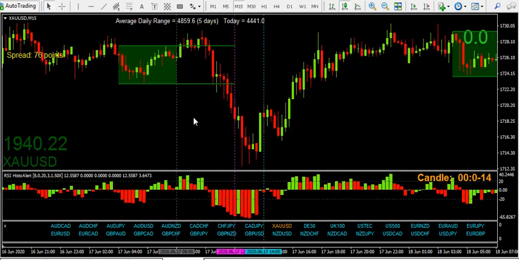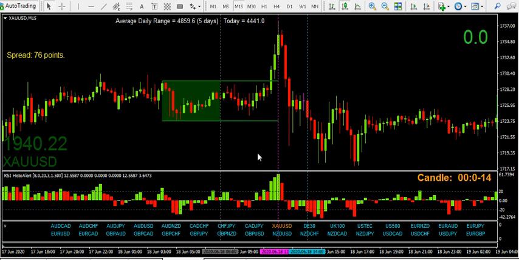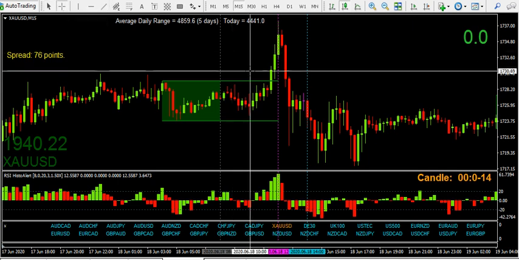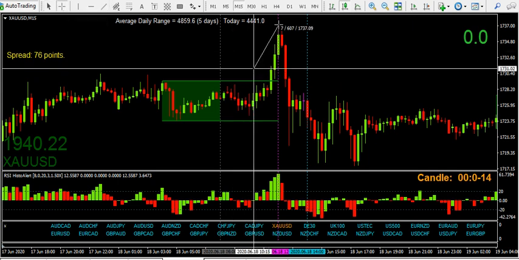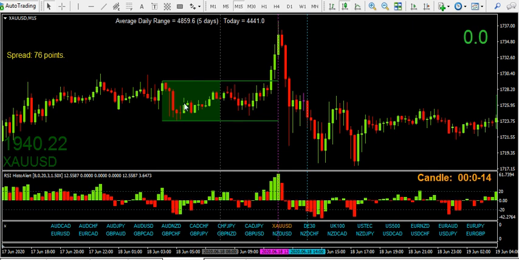Where were we? I've lost that particular place, but here's a bust, break and close attacking that high. Once we've got the breakout through the high of the 4-hour candle, you can see that move was 60 pips. So you can see how you can build your own method just using that daily line box.